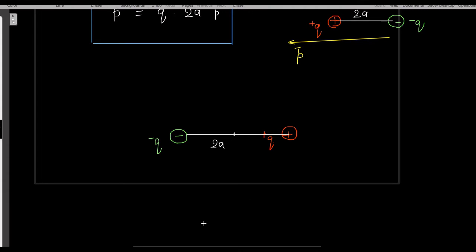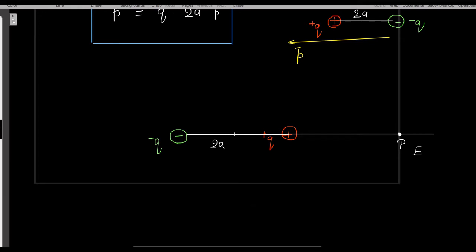Now I just represent the axial line. So if I extend it, we get the axis. This is the axis. Towards this side also we can extend. Along the axial line, let us consider a point P. This is the point P where we are going to calculate the electric field due to the dipole.